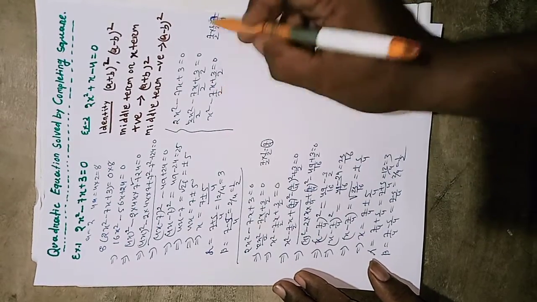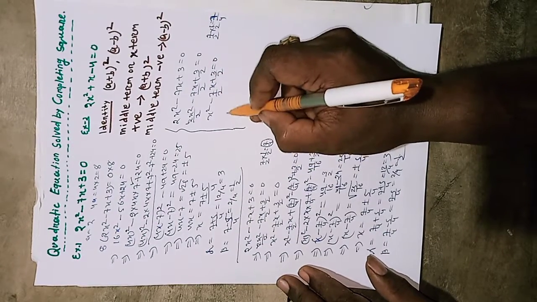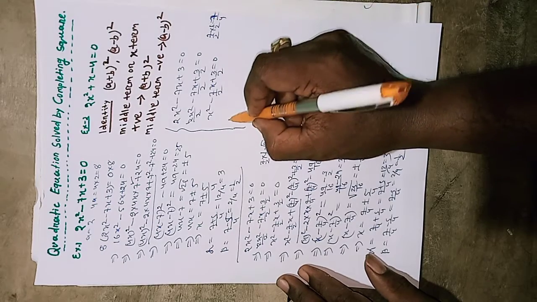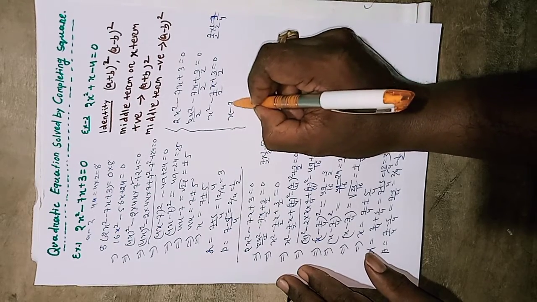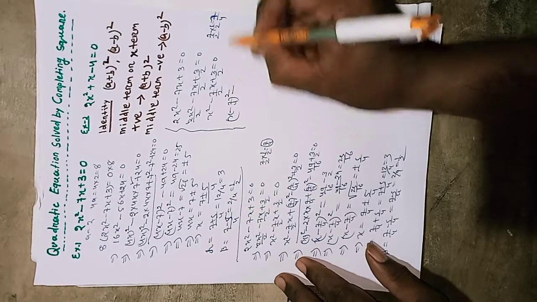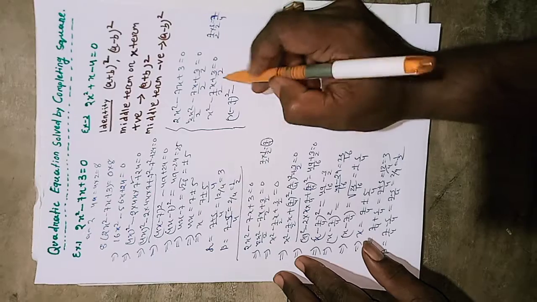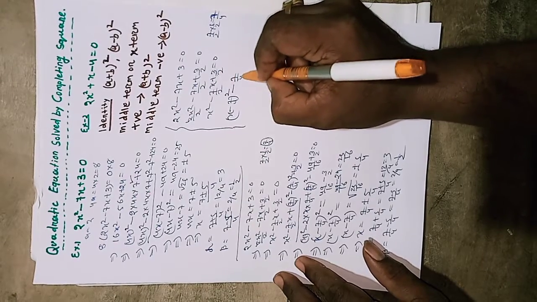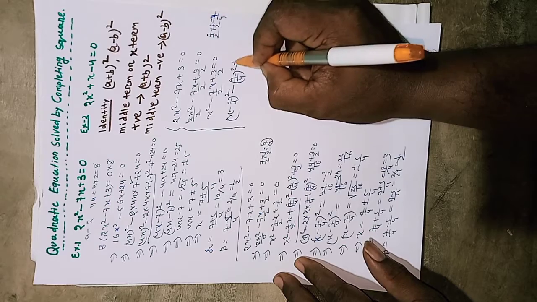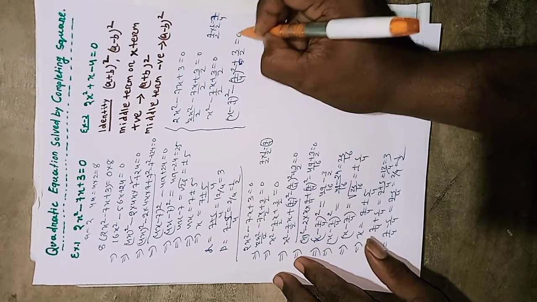Then remove the middle term, and subtract half of the coefficient of x from x, take the square, then subtract the square of half of the coefficient of x, (7 by 4) square, plus 3 by 2 equal to 0.